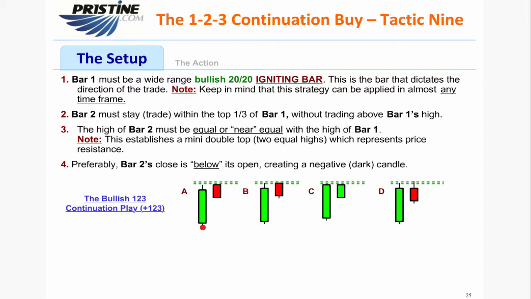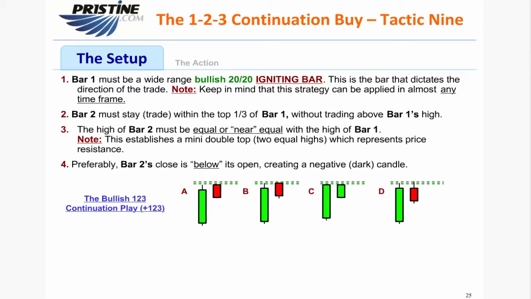Bar number 2 ideally stays within the top third of bar number 1 without trading above the high of bar number 1. Now, for me, I don't adhere to that rule in absolute.